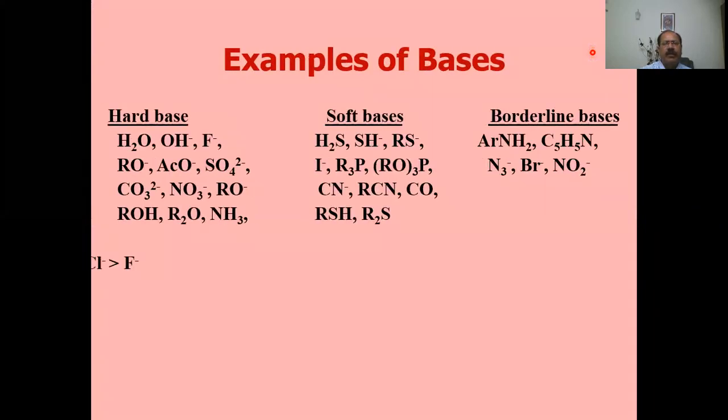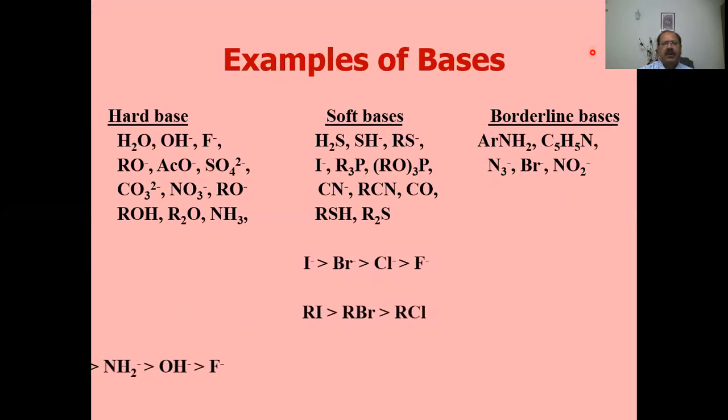Here are some examples of bases which have been categorized into hard, soft, and some borderline cases. Just for comparison, I can compare H2O versus H2S, in which O versus S attack, where both of these could be nucleophiles. H2O is harder because of its smaller size, so more charge density compared to H2S.